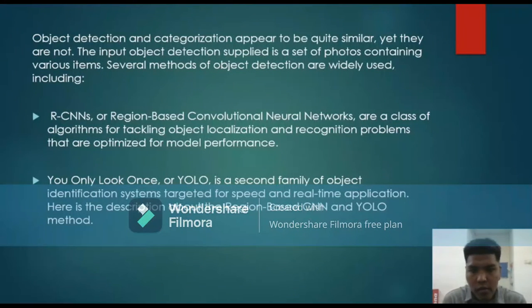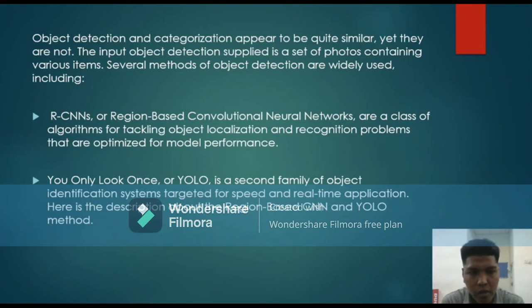Okay, for the answer to task 3, R-CNN, or region-based convolutional neural network, is a class of algorithm for tackling object localization and recognition problems that are optimized for model performance.